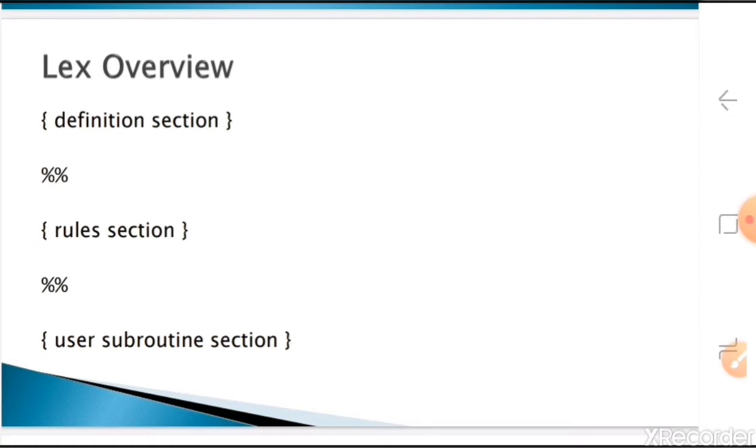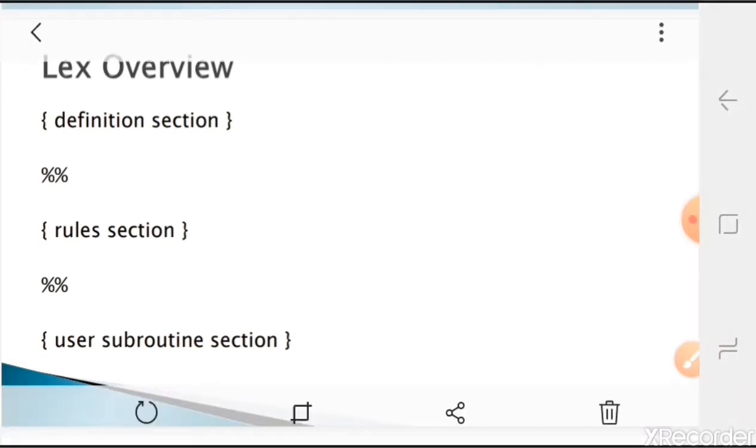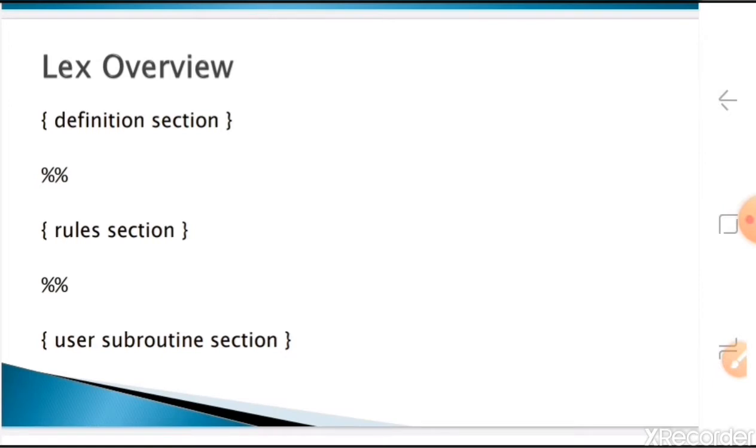In Lex, in the first section, the definition section, we used to declare any C variables or C header files, or any external variables. In the rule section we had regular expressions followed by corresponding actions. For each regular expression we identify the corresponding action.